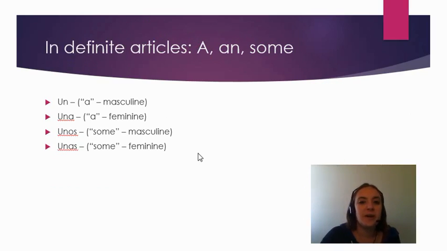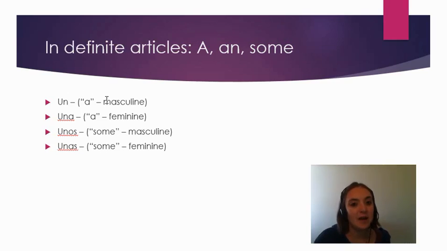So you've also got indefinite articles. Those are slightly different. These are the ones that mean a, an, or some. In English, you know how if you have a noun that begins with a vowel, you have to use an. Well, in Spanish, it doesn't work like that, okay? So we've got 2 words that mean a and 2 words that mean some. And just like with the definite articles, your choice is going to depend on the ending of your noun.